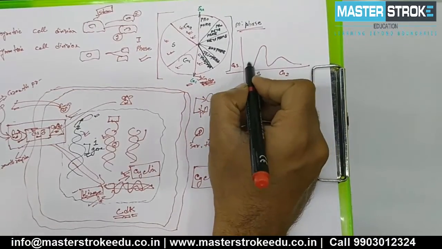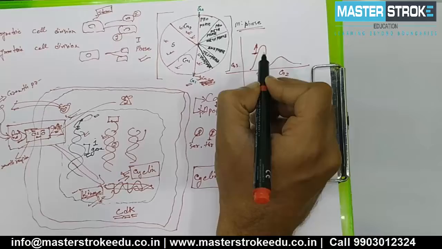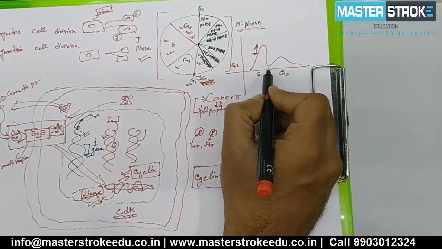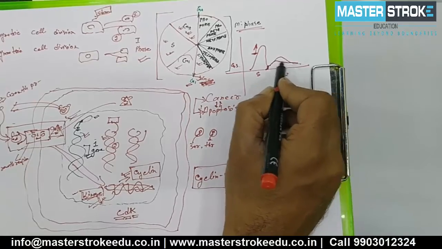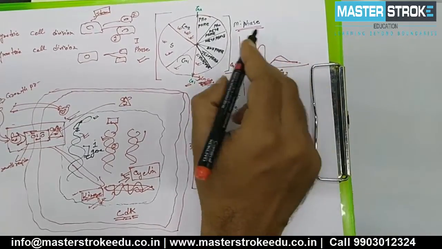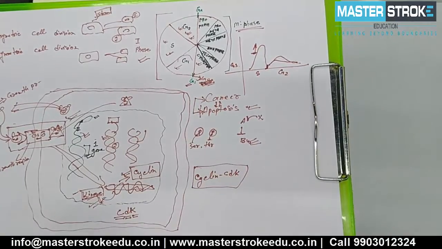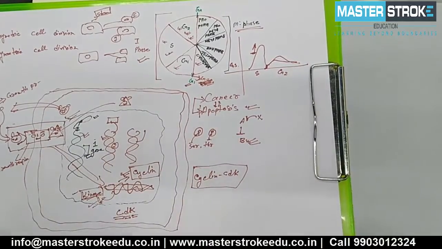G1S cyclin amount is very high in the G1 phase and S phase, but it becomes low at the end of the G2 phase. Okay, so these all happen in the cell cycle.